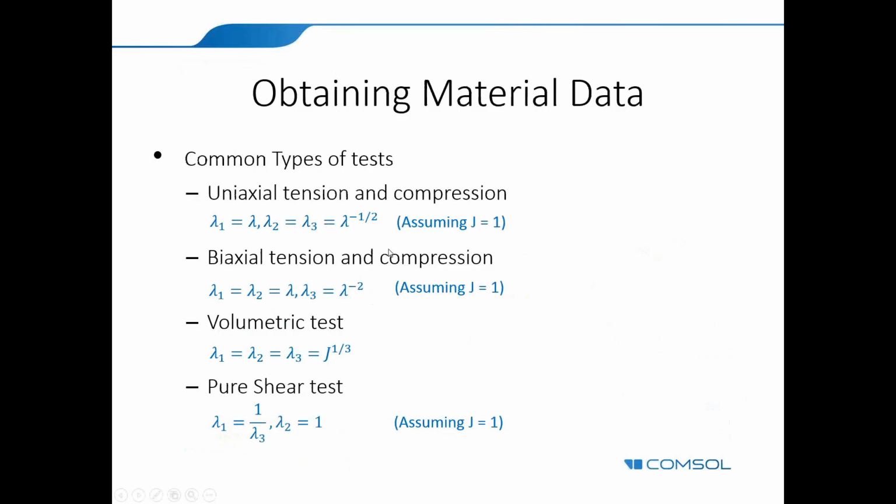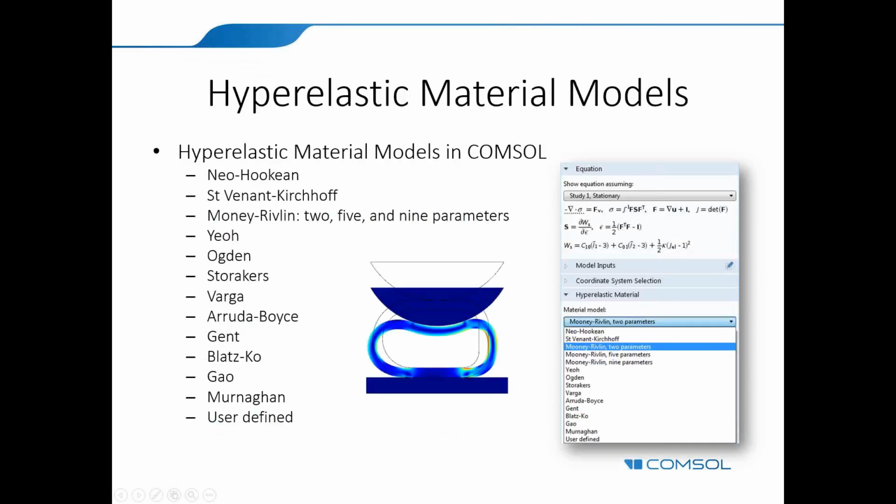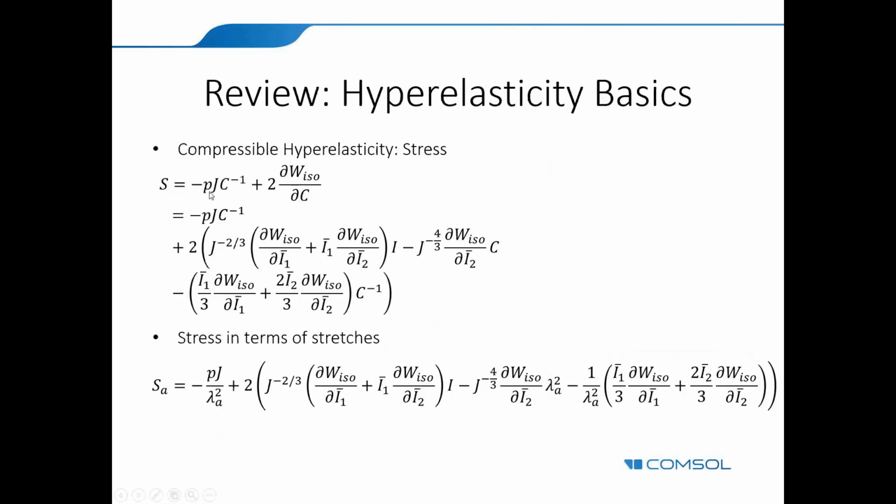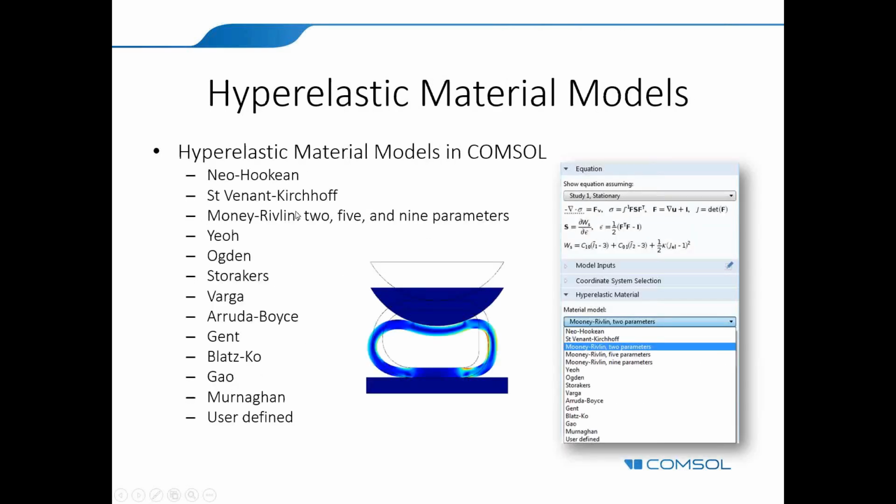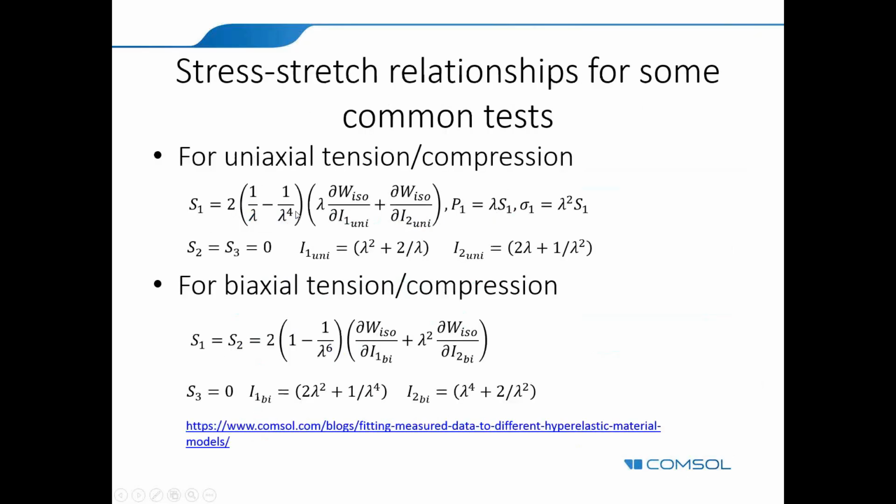And by that I mean, if we go back to one of our slides back here, this P is the hydrostatic pressure for nearly incompressible or compressible hyperelasticity. So what you do is you eliminate this P based on the conditions for the test. If you're talking about a uniaxial test, then we know that the stresses in the second and the third principal directions are 0.